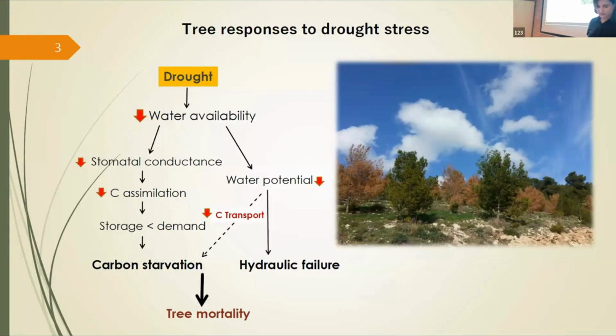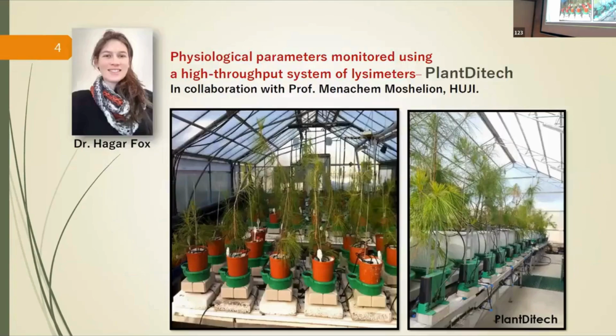But some trees can survive, as you see in this picture, and actually grow nicely in these dry conditions. So when we want to understand how trees are doing well in drought conditions, we need to get the trees into the lab or to the greenhouse and into the experimental area.